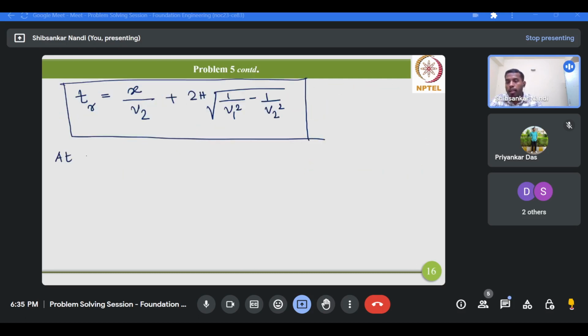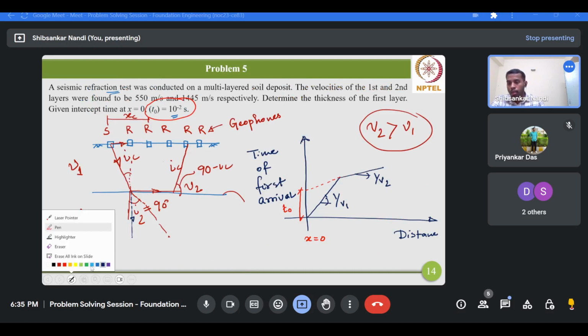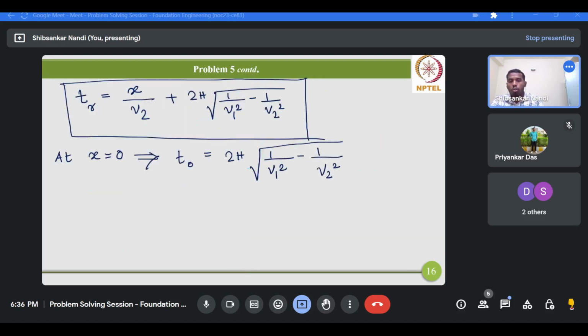So at x equals 0, this TR is T0, and this is nothing but 2h times the square root of 1 divided by v1 square minus 1 divided by v2 square. This part indicates the direct wave and this part the reflected wave, something like that.